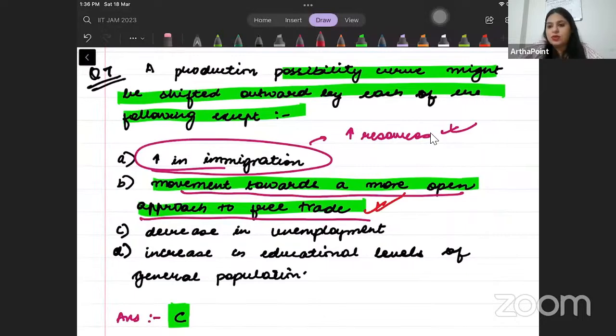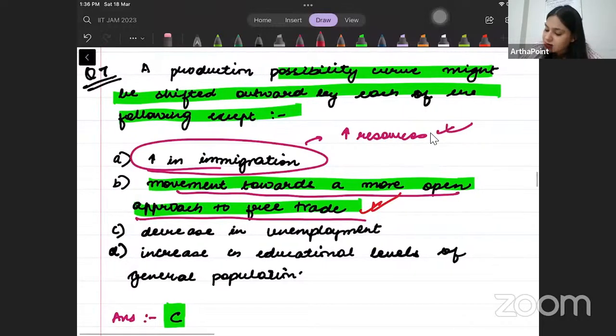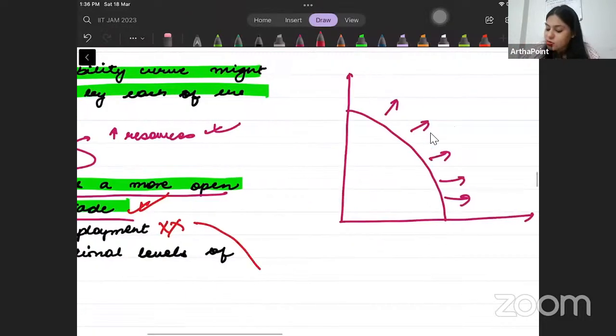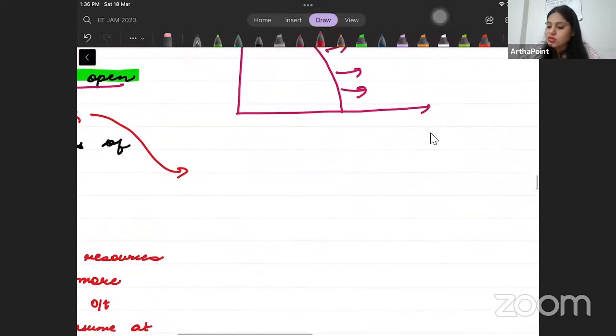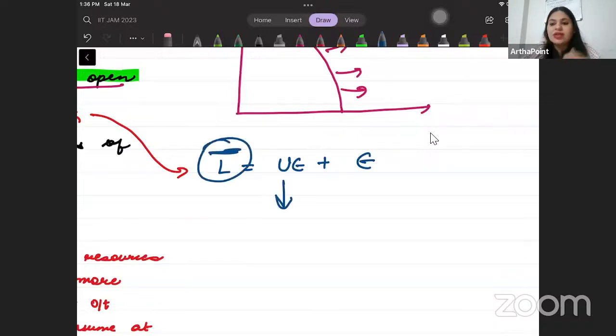Decrease in unemployment. This is incorrect. Why? Because this is not changing my labor force. My labor force is intact. So if you notice, my labor force is just unemployed plus employed. Now, if you decrease this, it does not change this. The labor in my economy is the same.